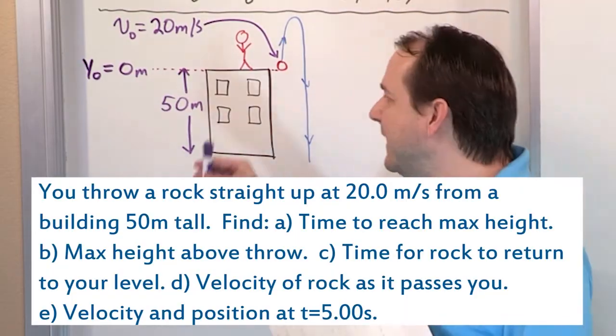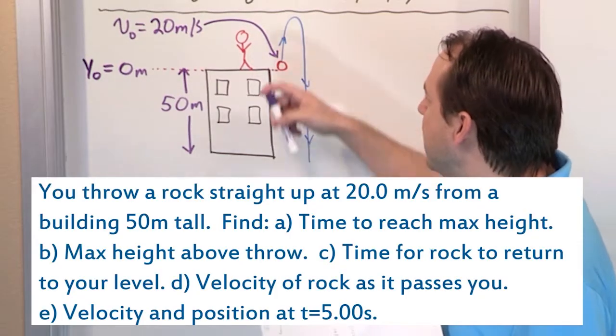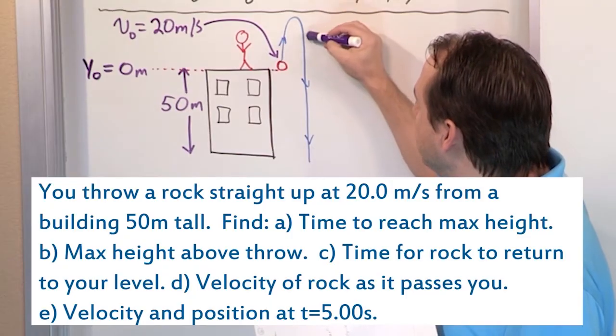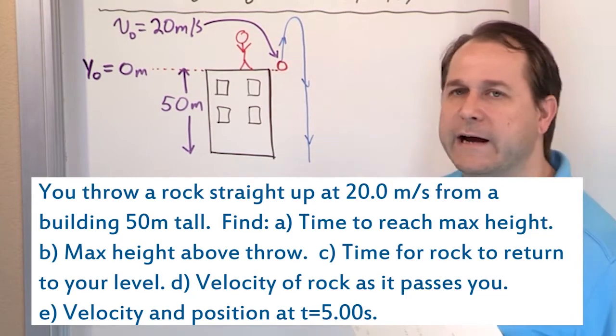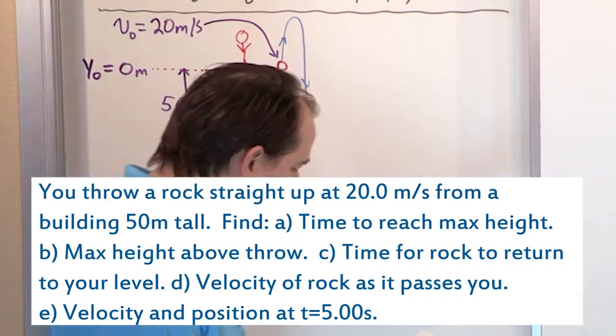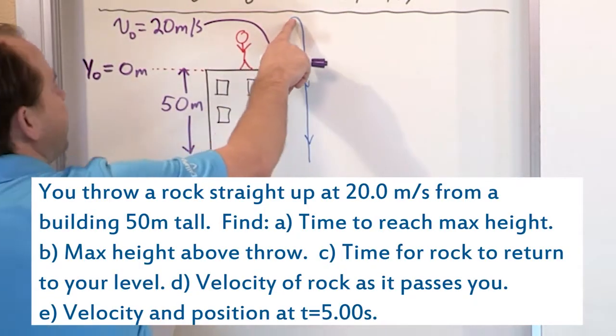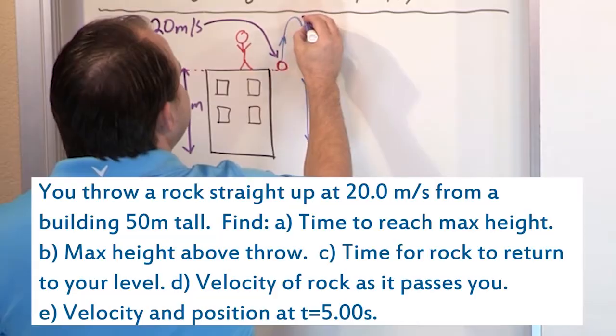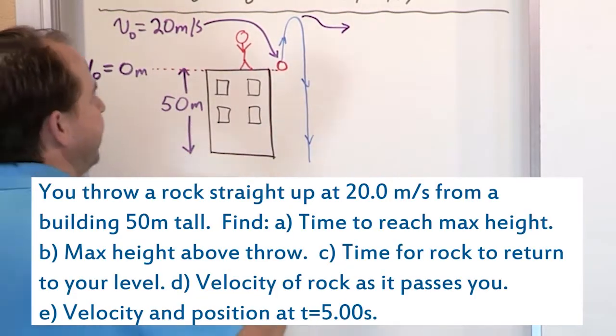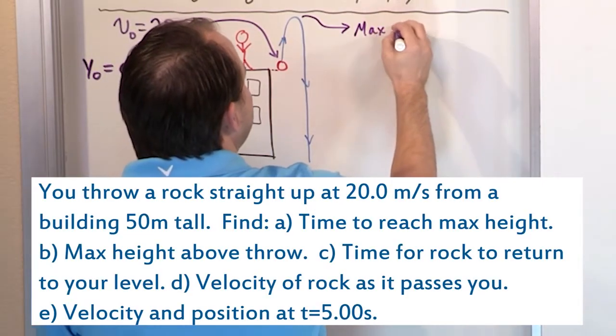Now for the velocities, anytime the rock's going up, it's positive. Anytime the rock's coming down, including way up here, anytime it's traveling in the negative y direction, we call it a negative velocity. Now, the special point up here that you need to take note of is at the very top. Because at the very top, there's something very special up there. We call this the max height.